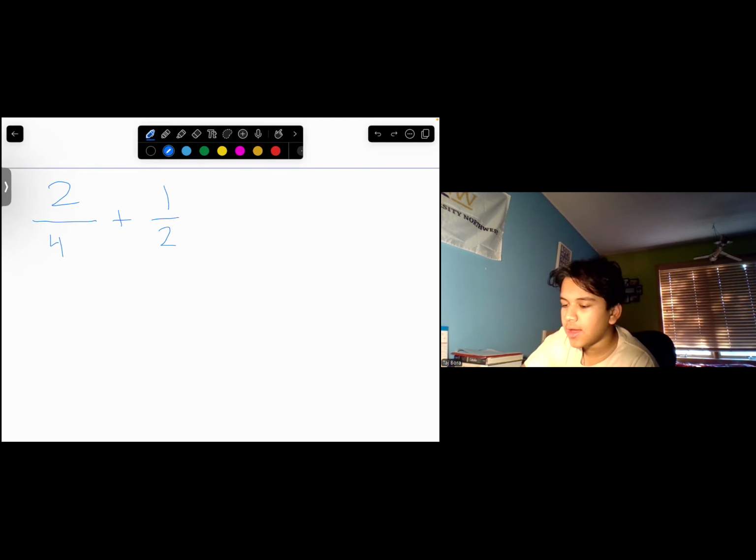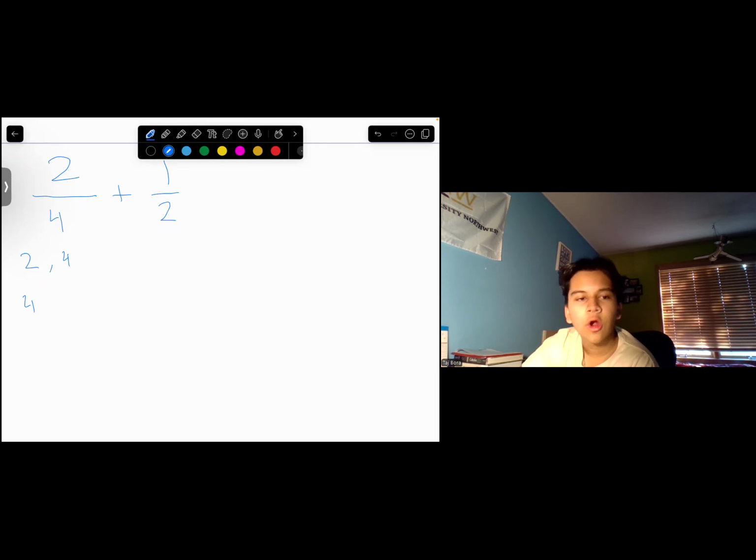So if we have 2 and then 2 plus 2 would be 4, and then we have 4, 2 and 4 are both divisible by 4, and we can check that by seeing that 4 divided by 2, 4 divided by 2 is 2.